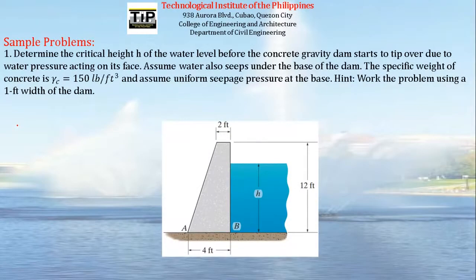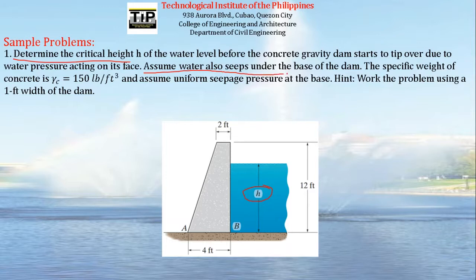So we only have one problem here. Actually, this is the last problem for today in fluids. Let us read and answer this sample problem. We have to determine the critical height of the water level before the concrete gravity dam starts to tip over due to the water pressure acting on its base.